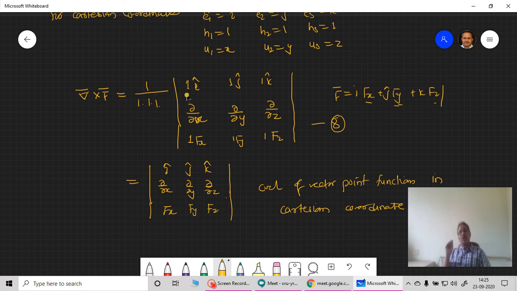And remember, while doing this, again we have to draw certain diagrams, and calculate their h1, h2, h3, and their e1 cap, e2 cap, e3 cap, that is the unit vectors along the three different directions of the three components. And doing all these things, we are going to get the help of these derivations: length element, surface element, volume element, then gradient, divergence, curl and Laplacian equations which we have derived for the curvilinear coordinate system.